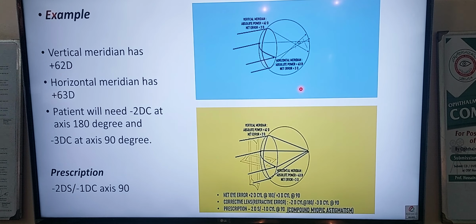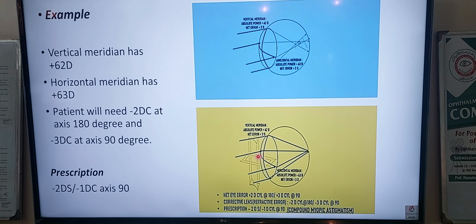Here in this example, take that the vertical meridian has plus 62 diopters and the horizontal meridian has plus 63 diopters. Now the conoid of Sturm is not on the retina, as you can see. The patient will need a minus 2 diopter cylinder at axis 180 degrees so that its power can act on the vertical meridian, which was 62 diopters, and a minus 3 diopter cylinder at axis 90 degrees so that its power can act on the horizontal meridian.